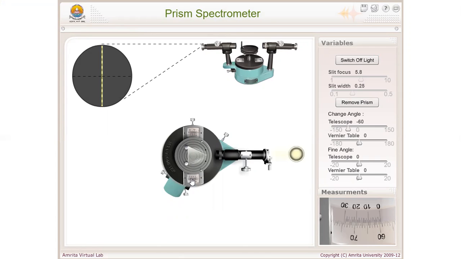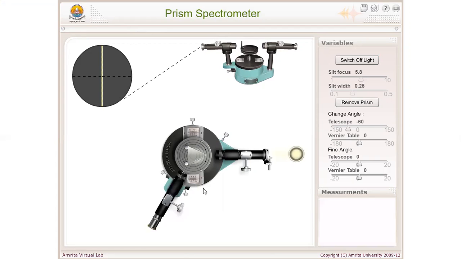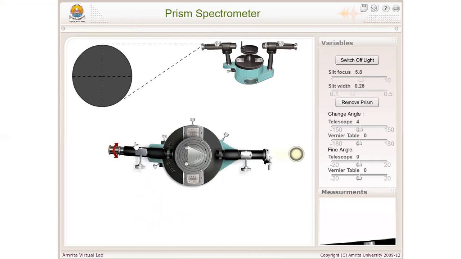I think this is coming on 59. The main scale reading is 59 degrees, and then you have to note down the best coinciding reading of the vernier scale which coincides with the main scale. So you have noted down V1 and V2 for this face, for this reflected light.